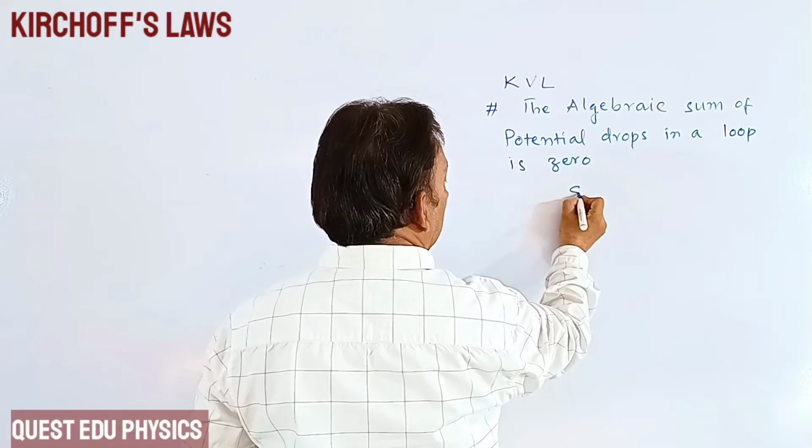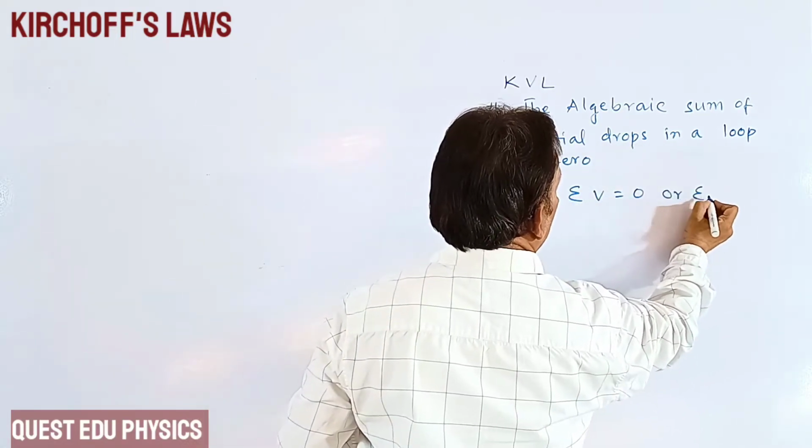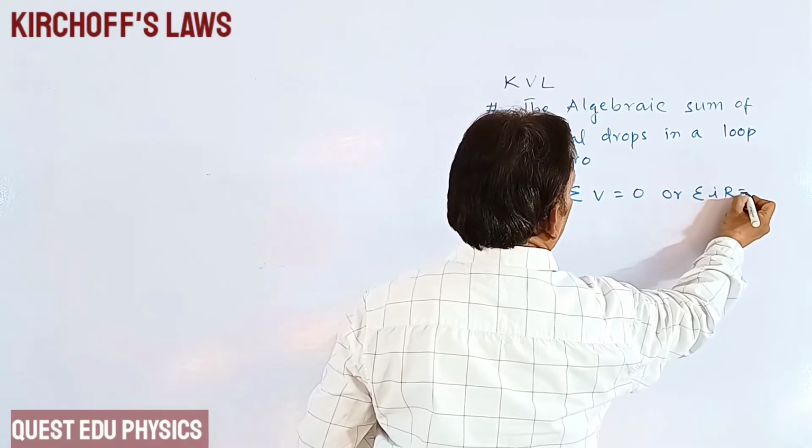Or you can write sigma V is equal to 0, or it can be written as sigma IR is equal to 0.